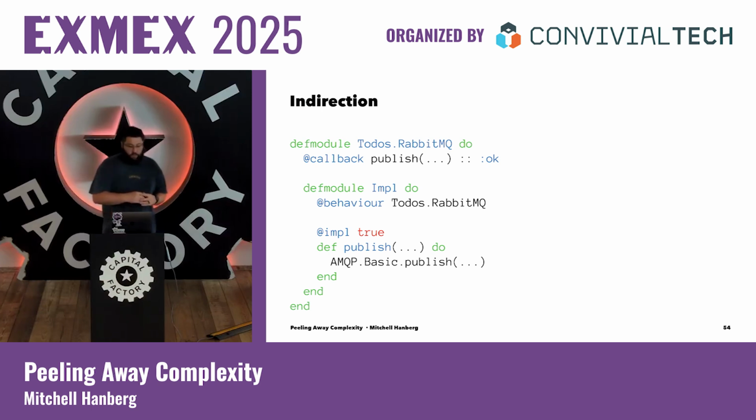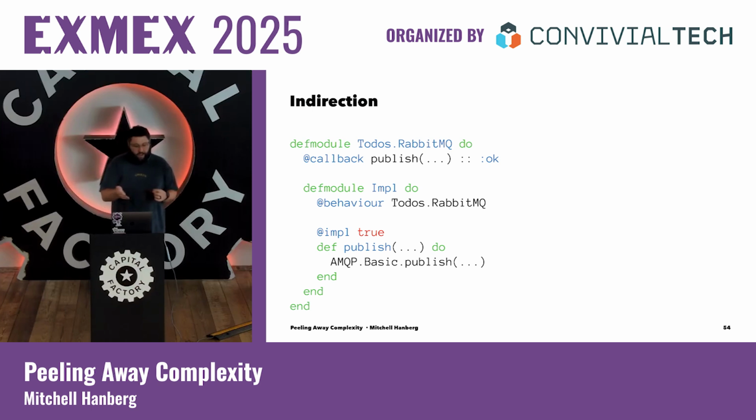Then we looked for RabbitMQ.Impl, didn't see it because of the way it's defined here, but we eventually find it. Somewhat confusingly to me, the modules that have the callback attributes are the behaviors, and the one that says behavior is the implementation of that behavior.